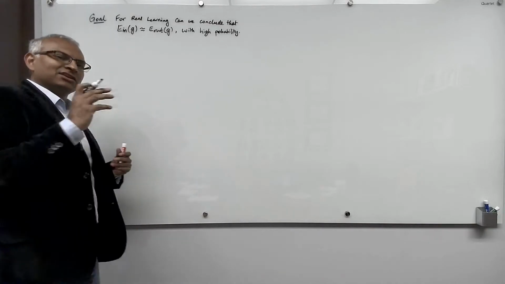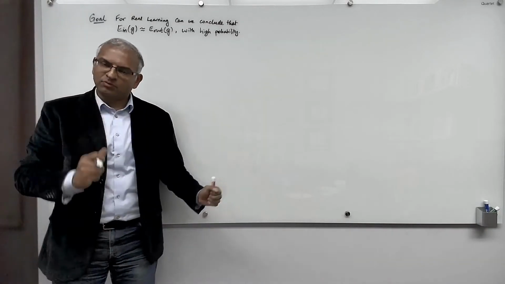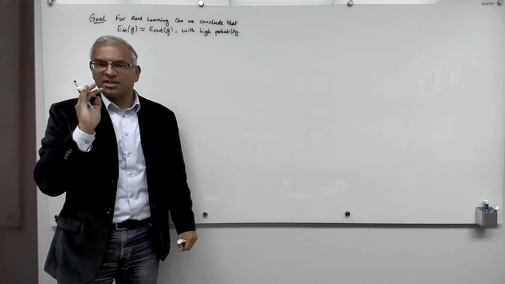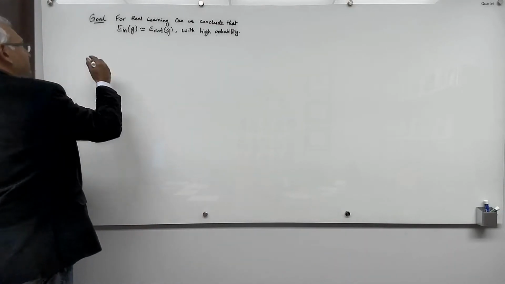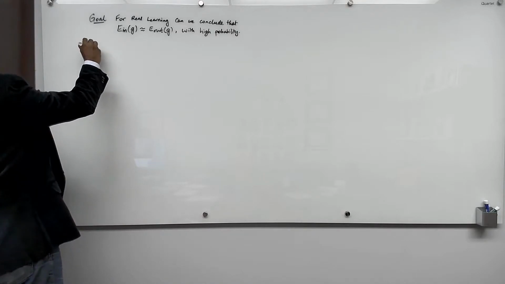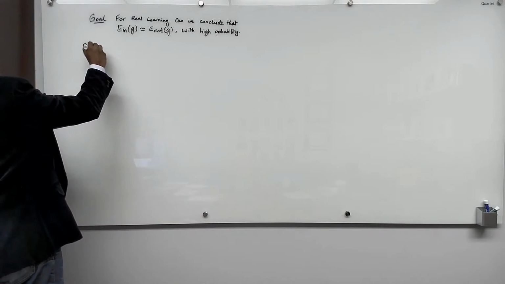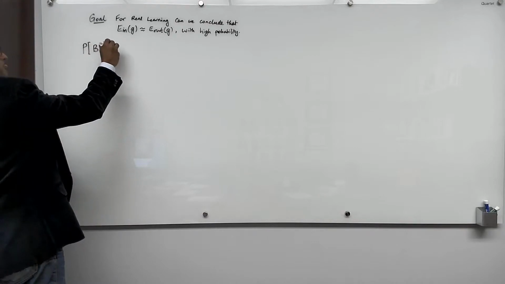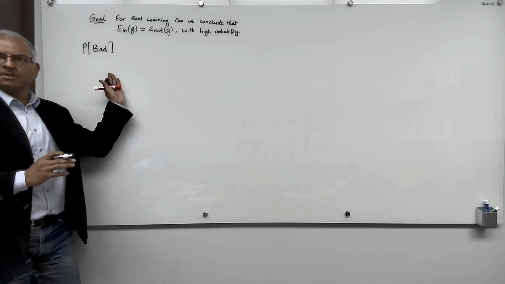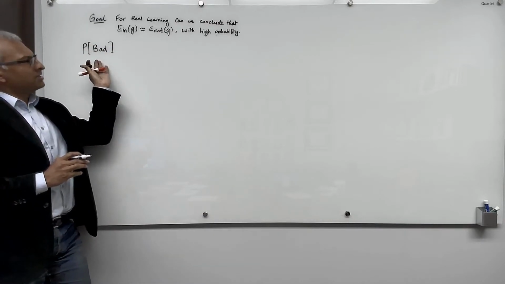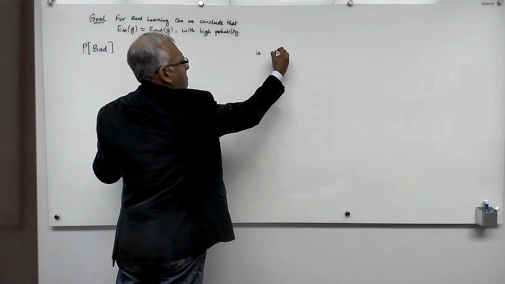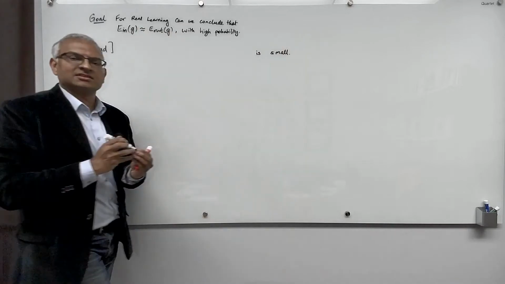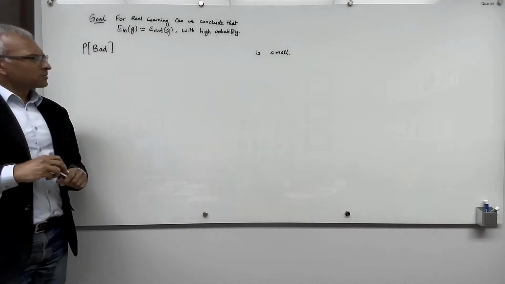Okay, so we want to prove, and this is what we will end up proving, and I will highlight the differences between what we're going to prove and what Hoeffding gave us for a fixed hypothesis h in the context of verification. So we are going to prove that the probability of a bad thing happening is small. That's the same idea that we had before.